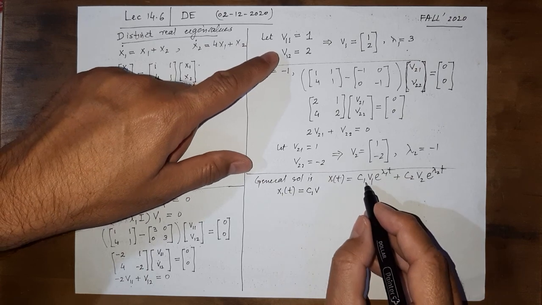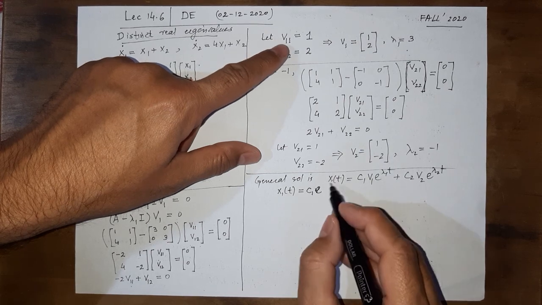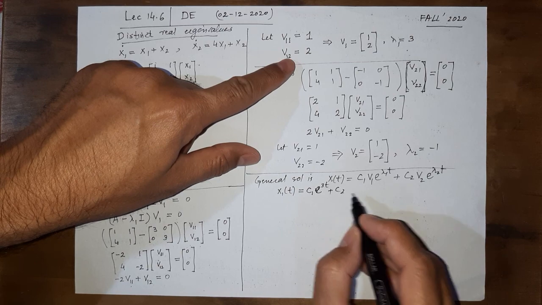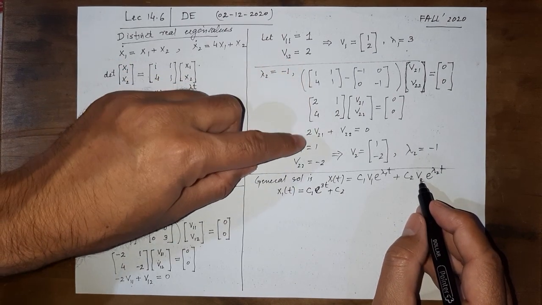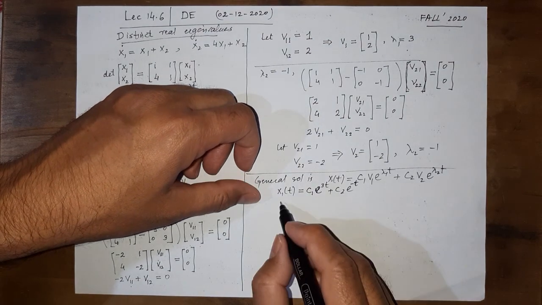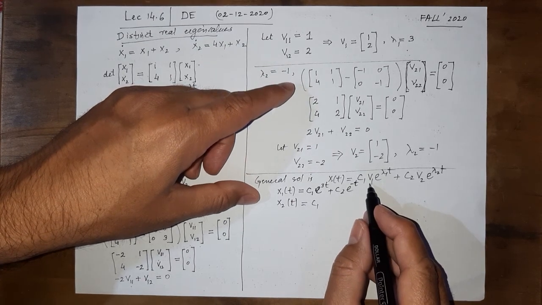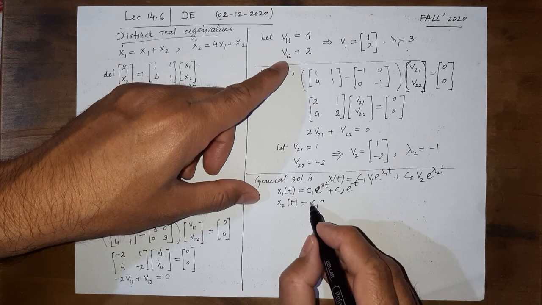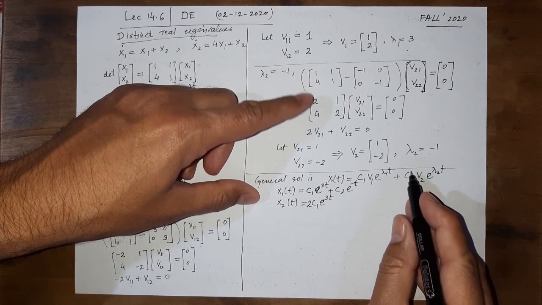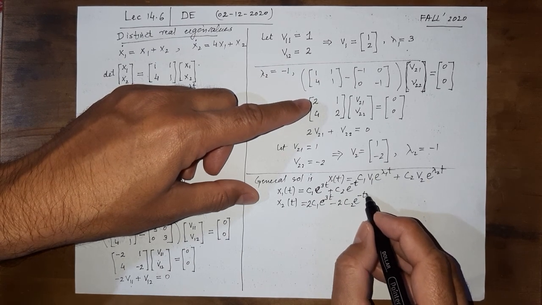So in here we have a value 1 and e raised to the power lambda 1, which is 3, plus c2, the first element of v2 is 1, e raised to the power minus 1 t, and x2(t) would be c1, the second value of, so we get 2c1 e raised to the power 3t, and the second element here is minus 2c2 e raised to the power minus t.